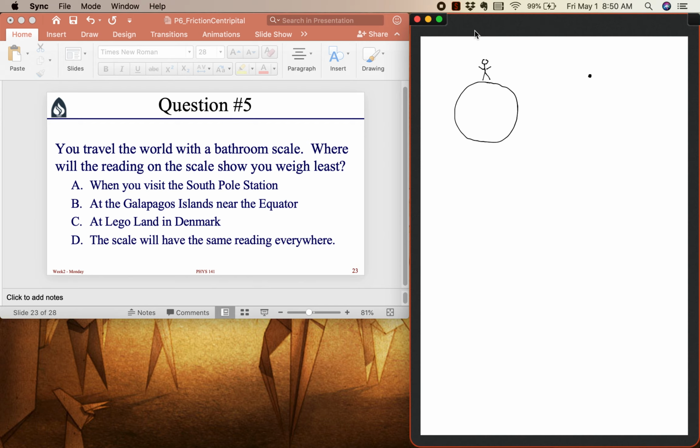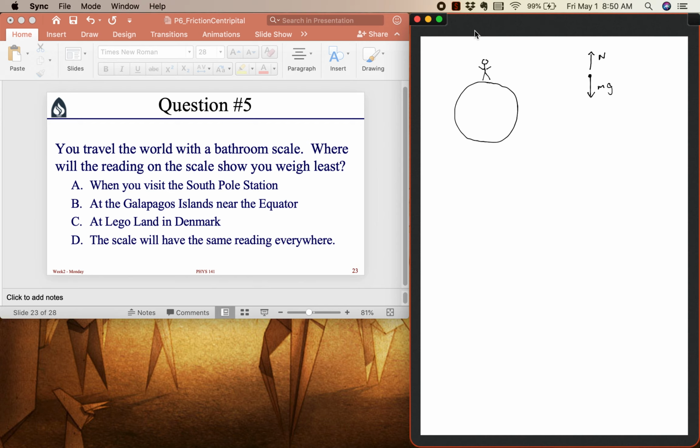If you're at the North Pole, of course your weight will be pulling towards the center of the Earth. And since you're standing on the surface, there will be a normal force away from the center of the Earth. You're not accelerating.